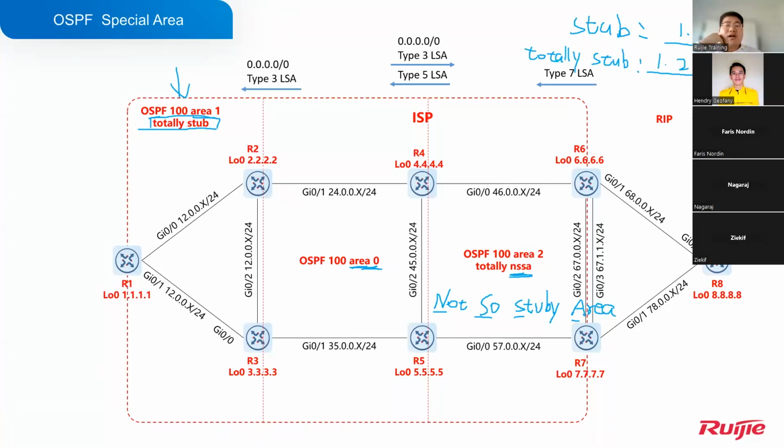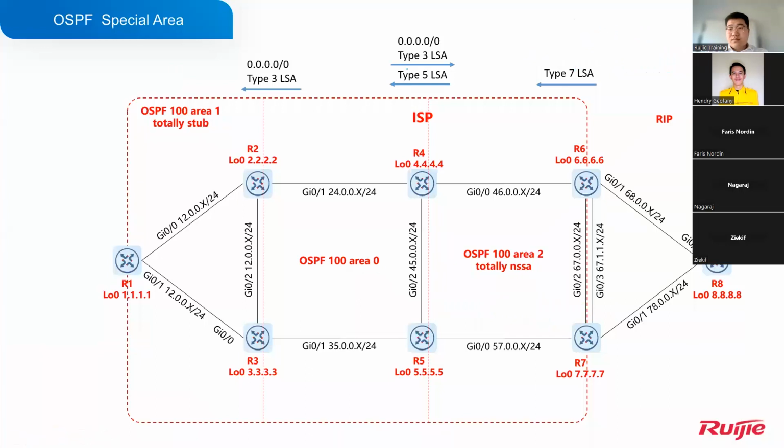Totally stub only has type 1 and type 2 LSA. Except type 1 and type 2, there is a type 3 default route, right? Sorry for that. Okay, for the totally stub, it has 1, 2, and 3.